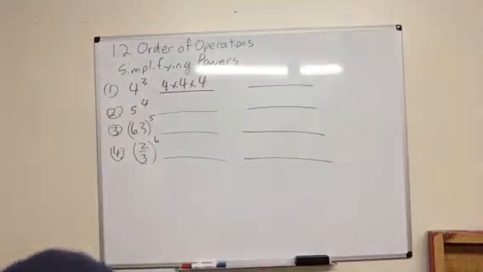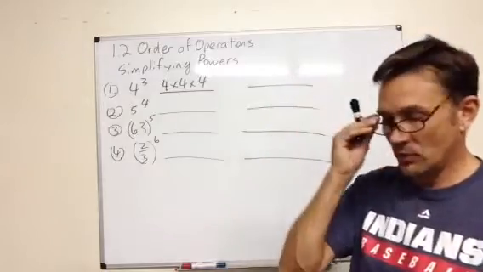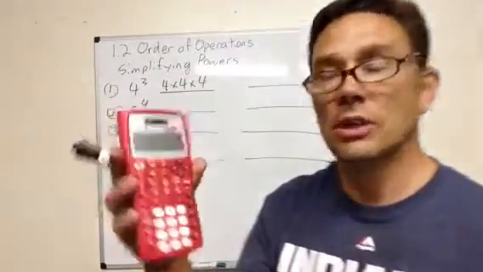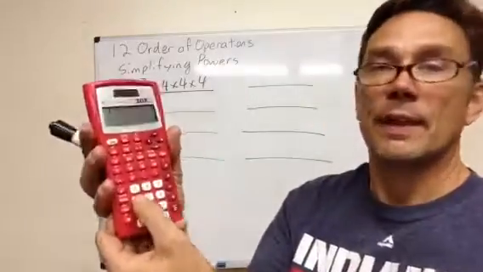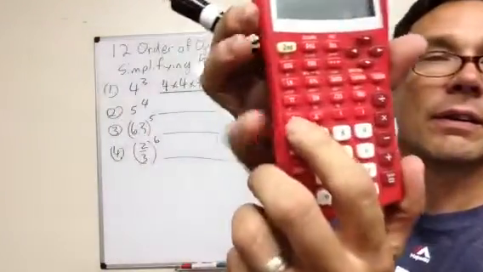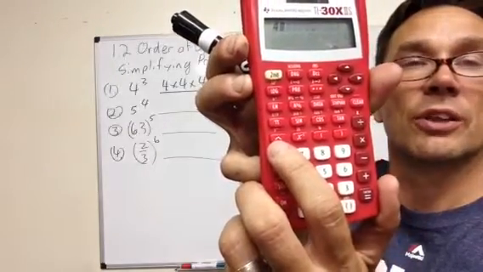Now, you can use your calculator to evaluate this. On your calculator, the red ones that you got in your packet, you can type in 4. Then there's a caret button, right there, that little upside down triangle sort of thing.